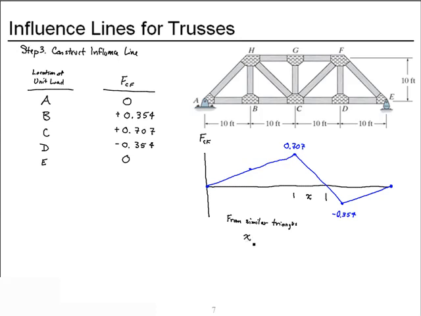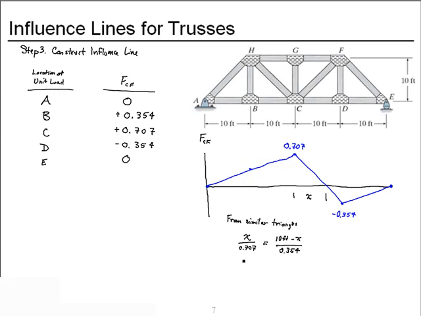That distance over the magnitude of the influence line at that point has to be the same as this distance, which is 10 feet minus x, over this height, which the absolute value is 0.354.